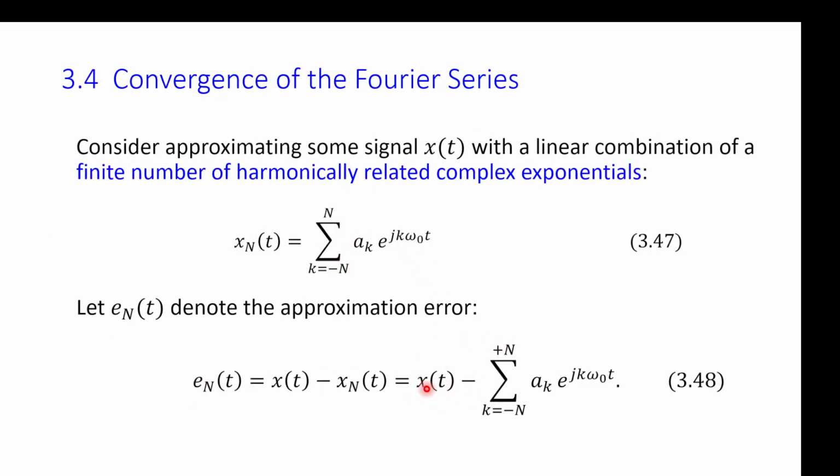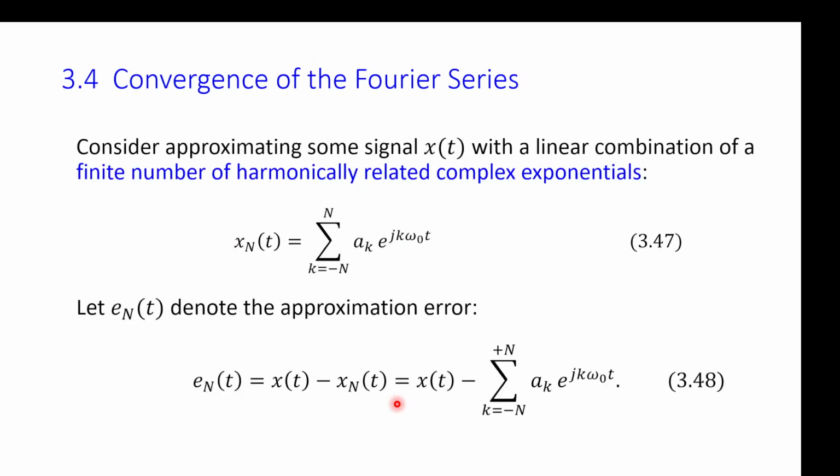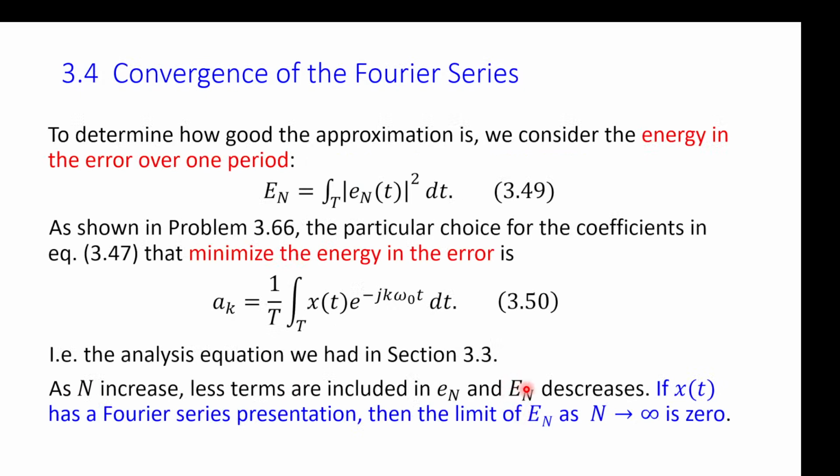So the difference between x of t and this series hopefully gets smaller and smaller, because you are missing less and less terms. You are removing terms from E N, and so you hope E N decreases.